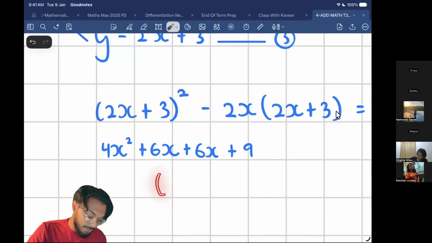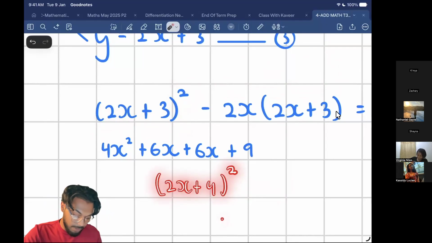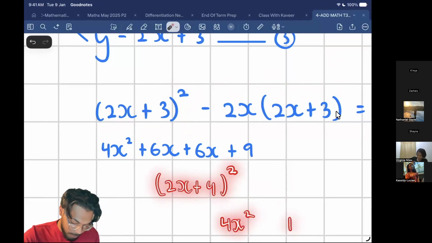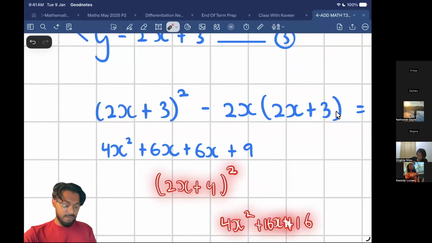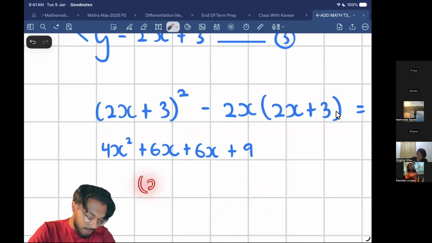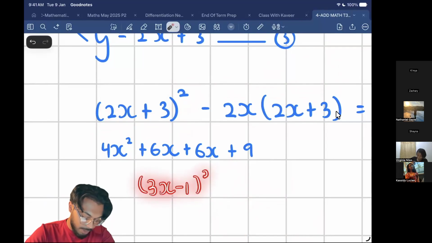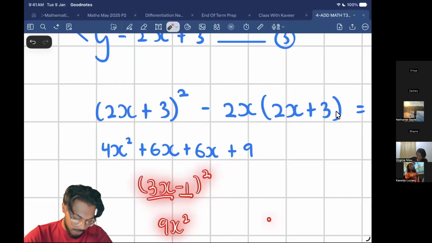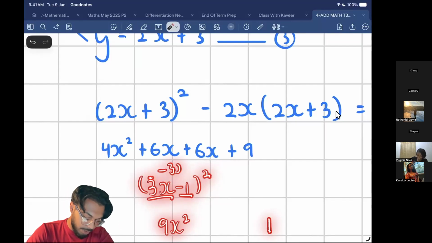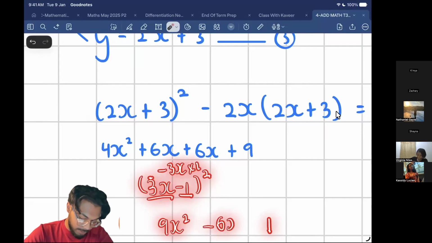Take for instance 2x plus 4 squared: that would be 4x squared plus 16 plus 16x. Take 3x minus 1 squared: 3x squared is 9x squared, minus 1 squared is 1, and 3x by minus 1 is minus 3x, by 2, minus 6x. Bam.